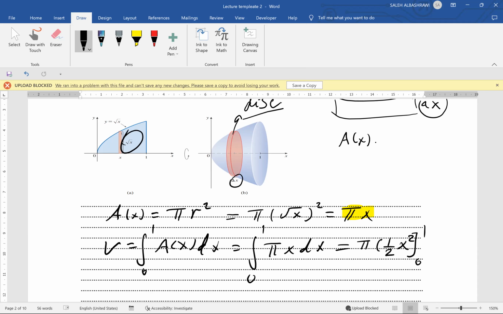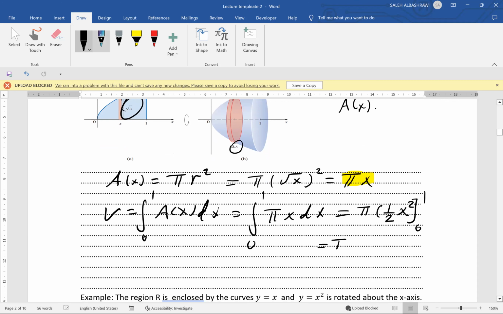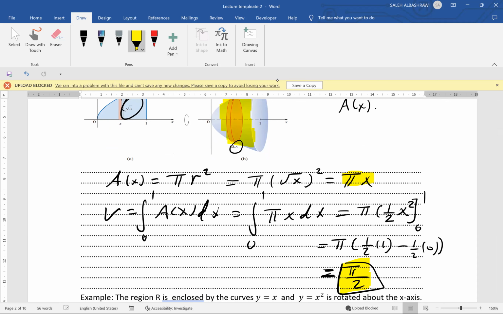Now just apply the fundamental theorem of calculus to evaluate this one. We will have pi times 1/2 multiplied by 1 minus 1/2 multiplied by 0. I will have pi over 2. So pi over 2 will be the volume of this shape given there.